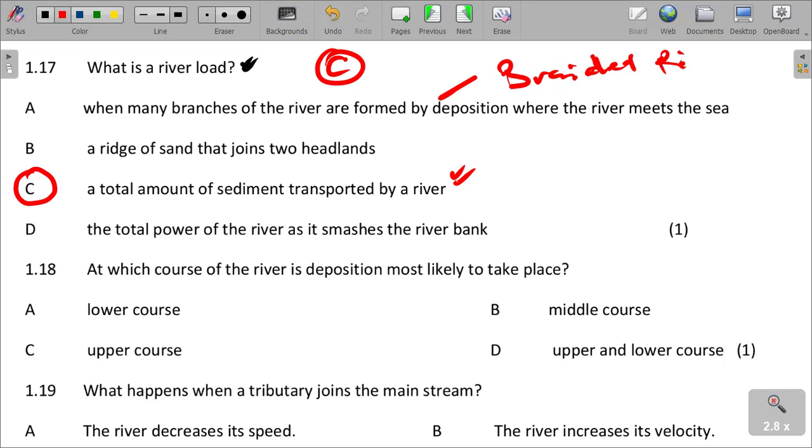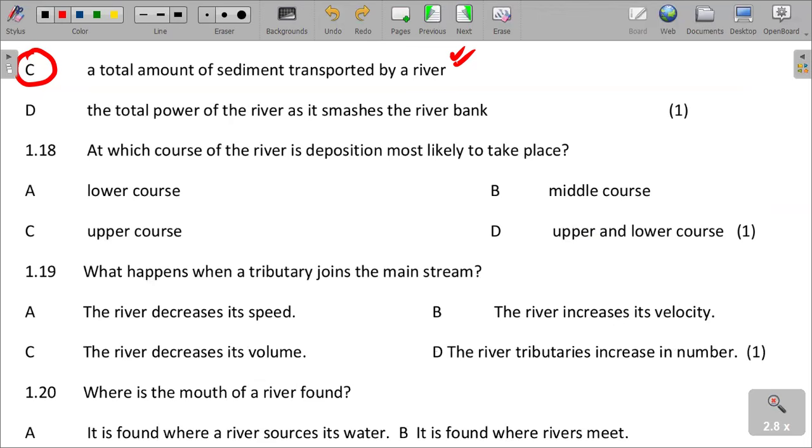We also see it forming on the lower part of the river channel. What we are saying is that deposition takes place and results in the stream forming multiple small streams that are dissected because of the deposition that is taking place.